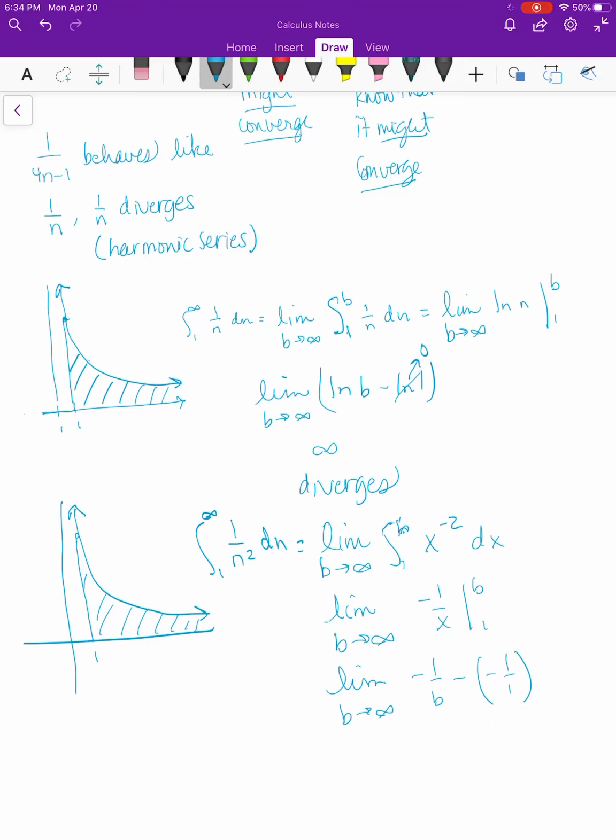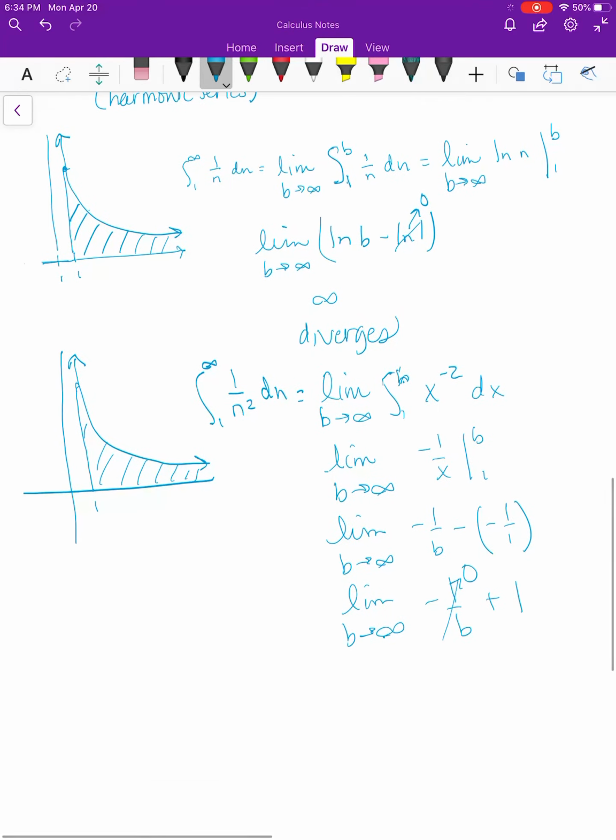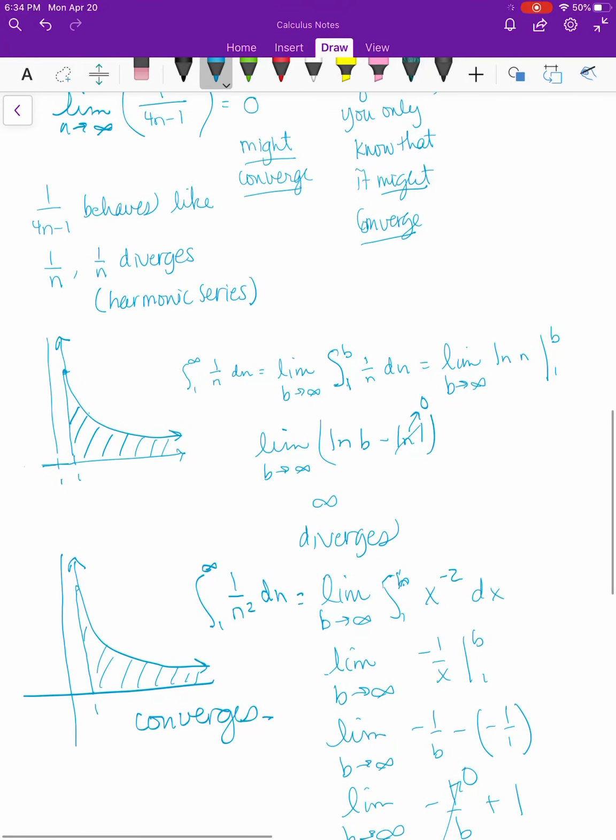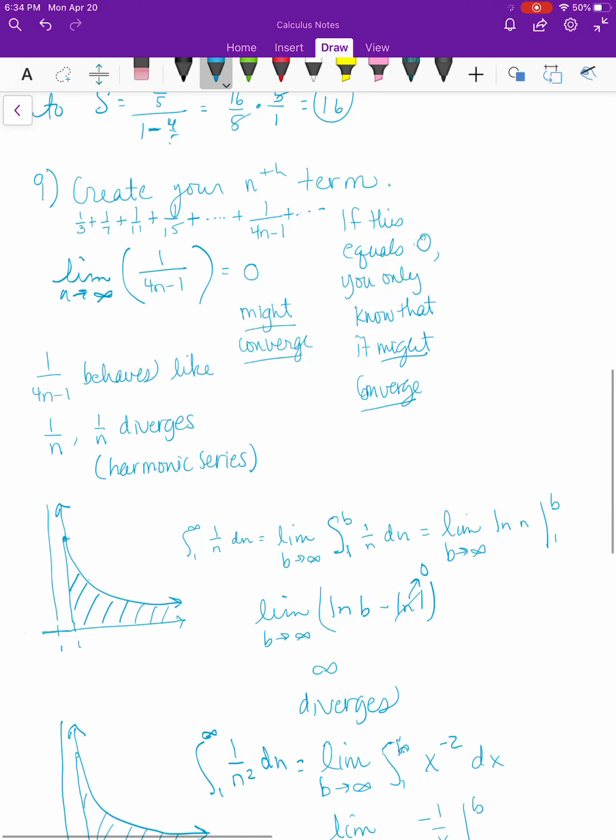But look at what happens when you integrate this one. This is going to be negative 1 over x from 1 to b. So the limit as b goes to infinity of negative 1 over b minus negative 1 over 1. And so this is going to be the limit as b goes to infinity of negative 1 over b plus 1. Well, this goes to 0. So this is 1.